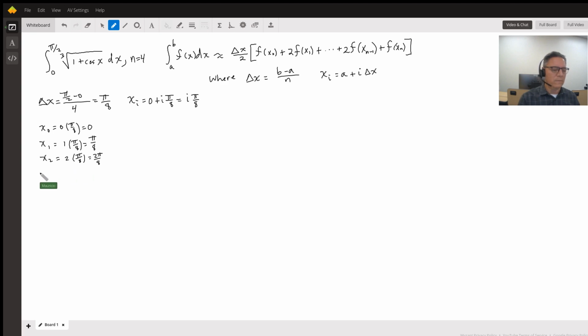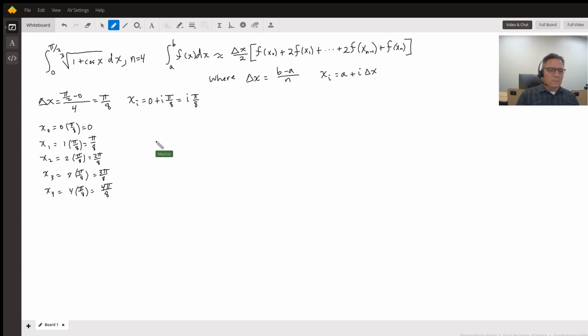You can reduce it to pi over 4, that's fine. x sub 3 is 3 times pi over 8, 3 pi over 8. And finally, x sub 4 is 4 times pi over 8, which is 4 pi over 8. And you can reduce that to pi over 2.